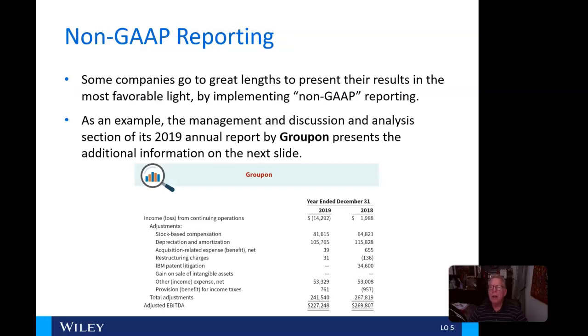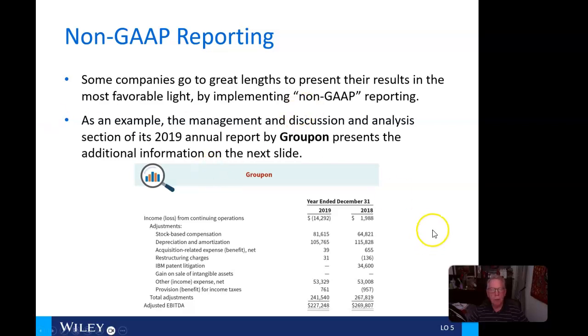Okay, non-GAAP reporting. Some companies go to great lengths to present their results in the most favorable light by implementing some non-GAAP reporting. For example, Groupon here presents some information on the next slide.